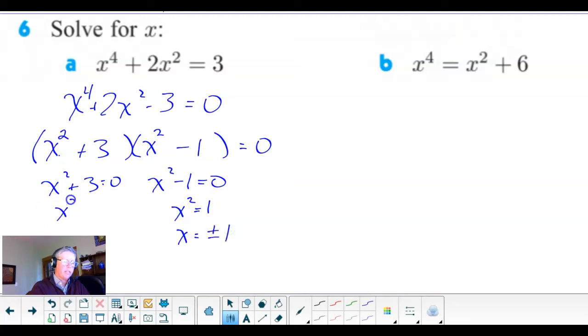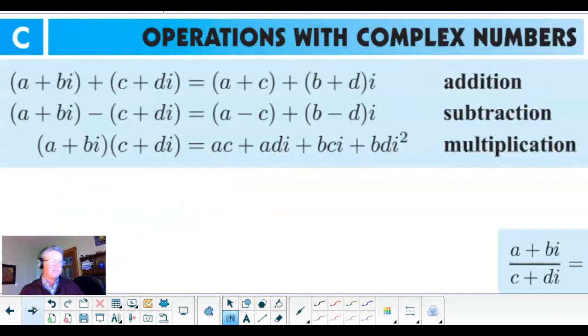Here we get x squared equal to negative 3, and x is equal to plus or minus i times the square root of 3. All right, this is a little bit awkward. I know you haven't done it for a while, but hopefully you're giving yourself that ability. When you see that negative, you're taking the square root, you make sure there's an i in there.